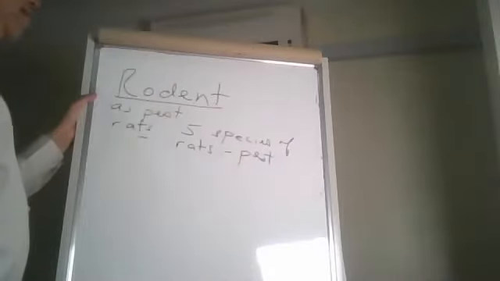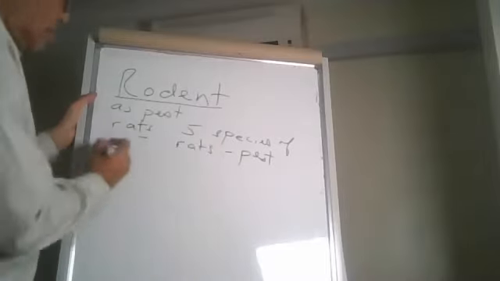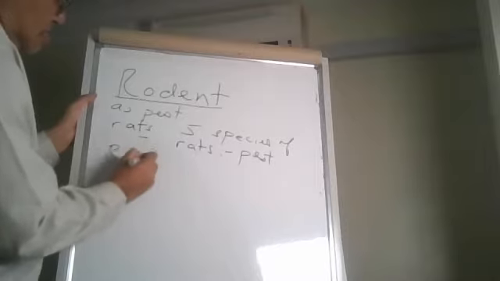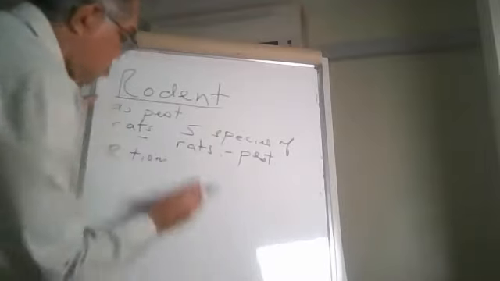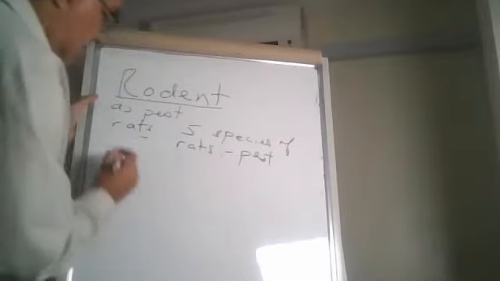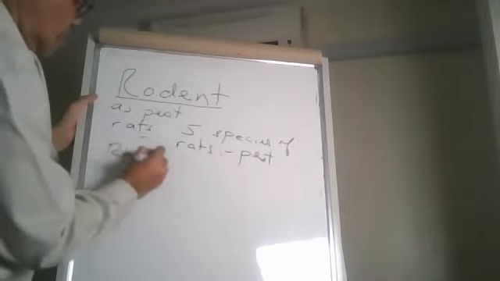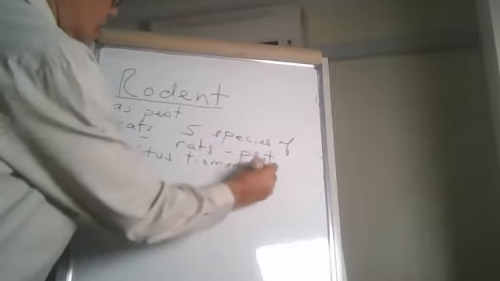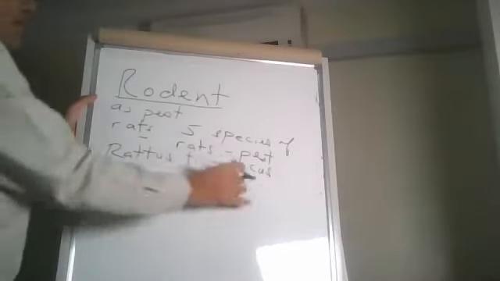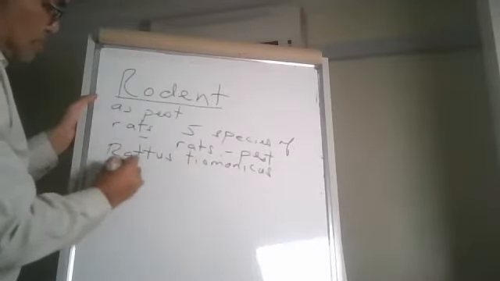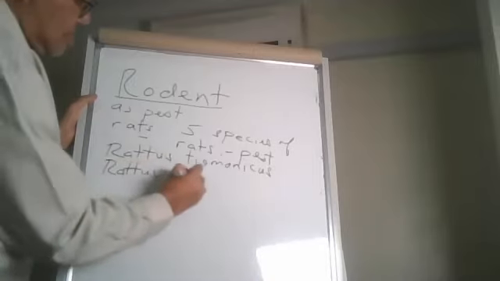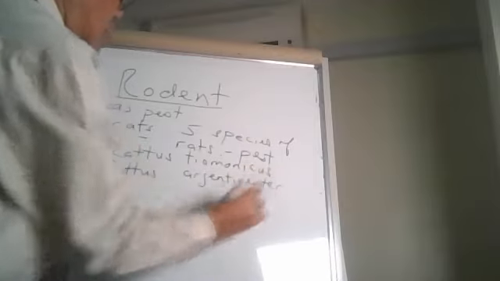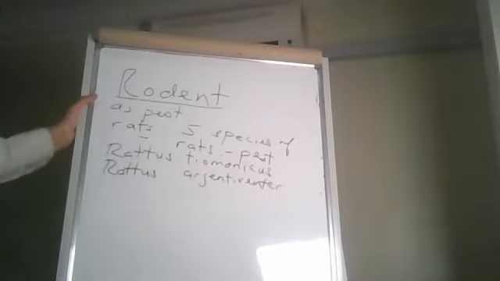Perhaps I can list them down here. Rattus tiomanicus. I'll spell it in full. Rattus tiomanicus. Okay. Now this is an oil palm rat. Then we have Rattus argentiventer. This is a rice field rat.